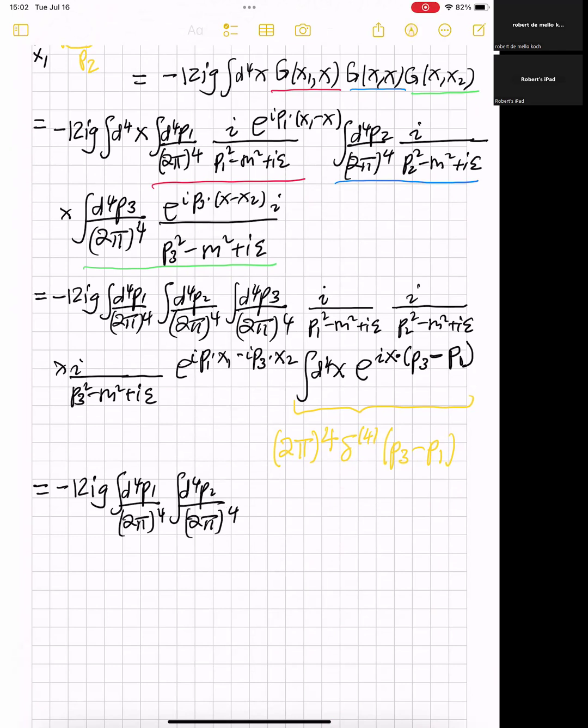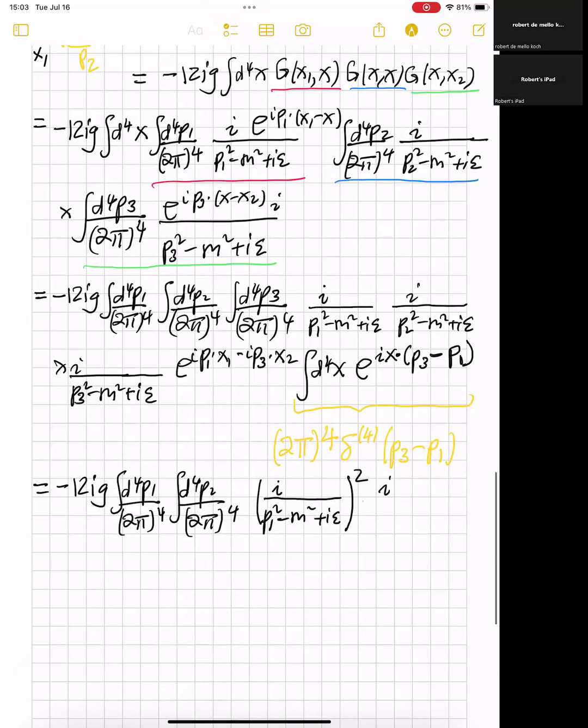We no longer have the integral d4p3 because integrating over d4p3 sets p3 equal to p1. The 1 over 2 pi to the 4 with the d4p3 will cancel with this yellow 2 pi to the 4, so the 2 pi's nicely cancel. And the i over p1 squared minus m squared plus i epsilon times the i over p3 squared minus m squared plus i epsilon becomes i over p1 squared minus m squared plus i epsilon, squared, because now p1 is set equal to p3.